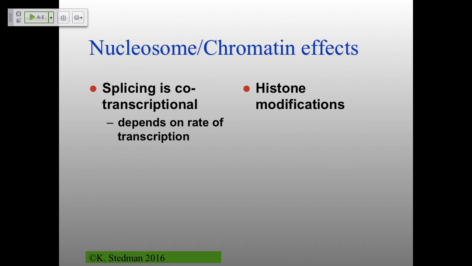So mentioned, hopefully again, beating the dead horse here, splicing happens co-transcriptionally. To some extent, what splicing introns and exons get used depends on how fast you're transcribing. So last time I mentioned that the polymerase goes 20 nucleotides per second. Well, that's on average.